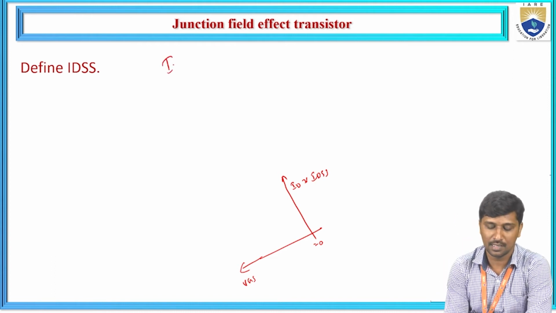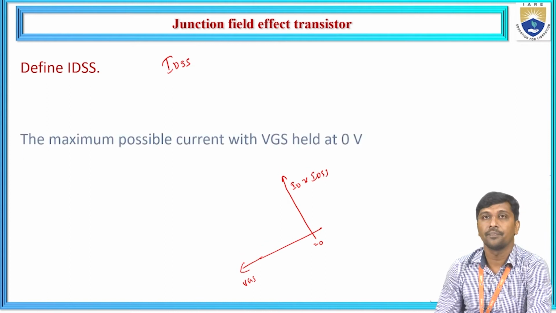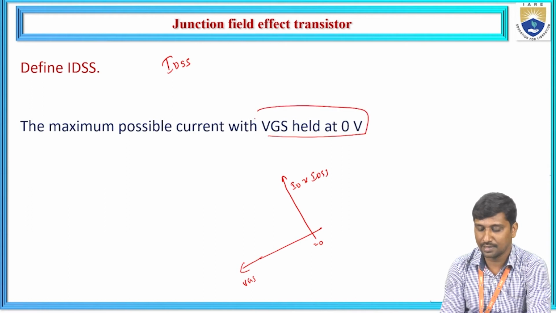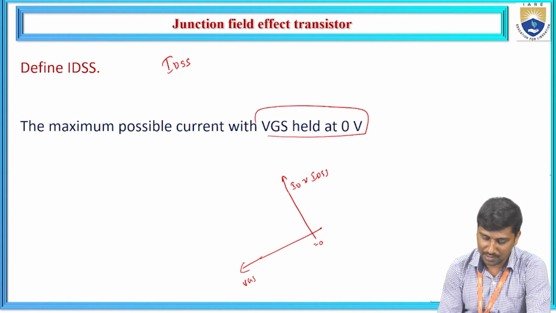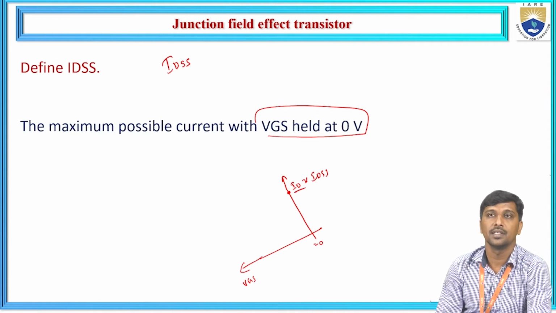That is the maximum possible current with VGS held at 0. So when VGS is 0, it offers a maximum current, and that maximum current is called the drain to source saturation current.